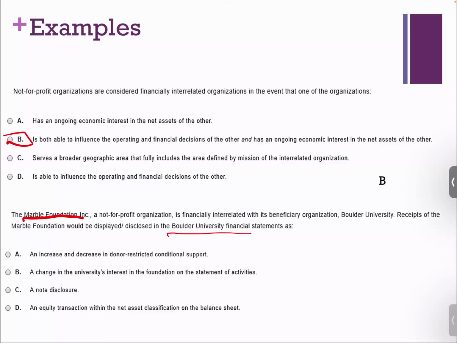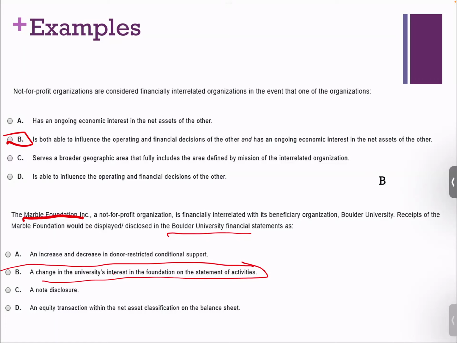If the Marble Foundation receives money, then it's going to be a change in the university's interest in the foundation on the statement of activities. Okay, so B is the correct answer, because the university has interest in the foundation. The foundation works for the university.